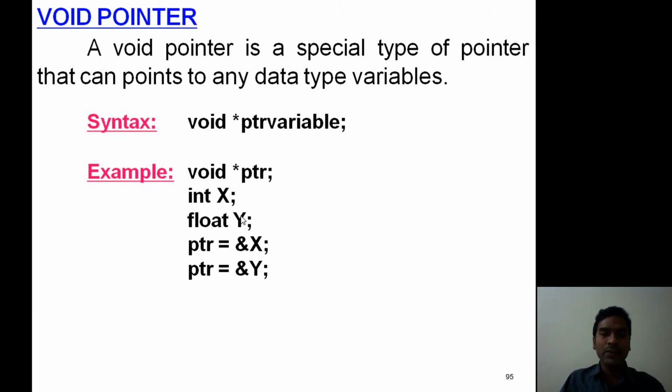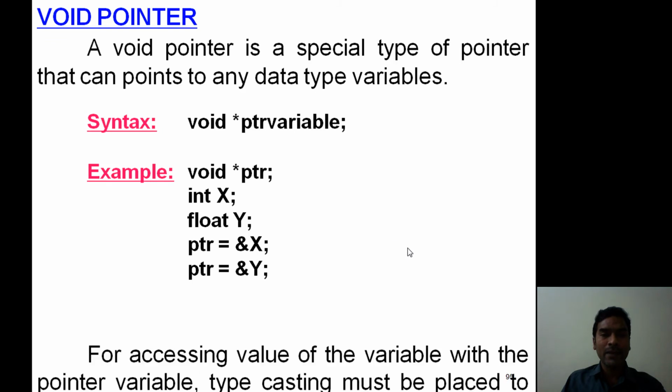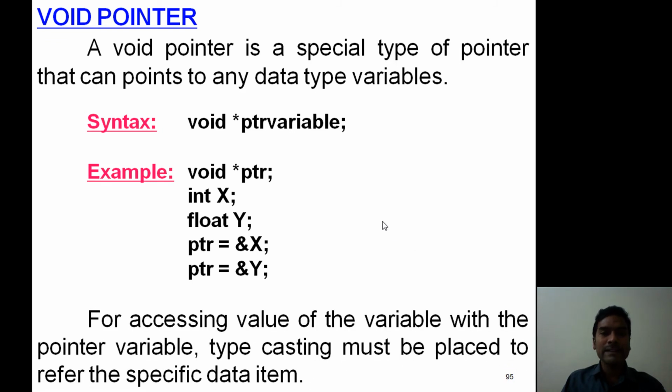Here we declare two ordinary variables, one as integer, another one as float. Now ptr equivalent to ampersand x is valid. ptr equivalent to ampersand y is valid. But one important point, it can point to any data type, but when we are accessing the value, we must apply typecasting.